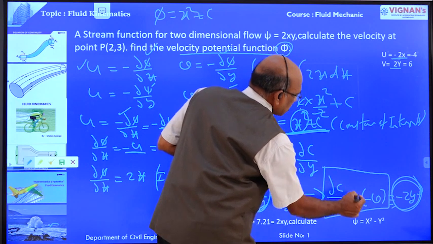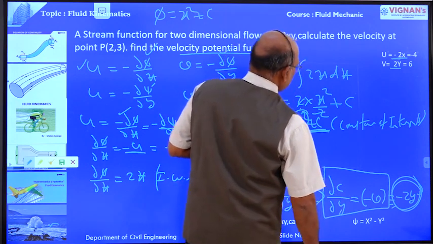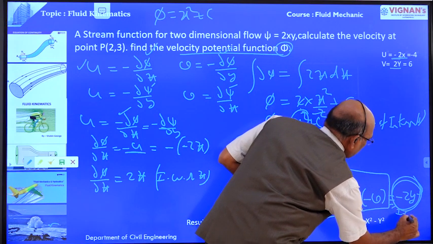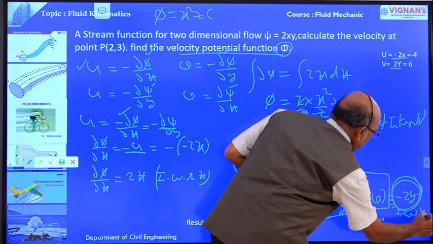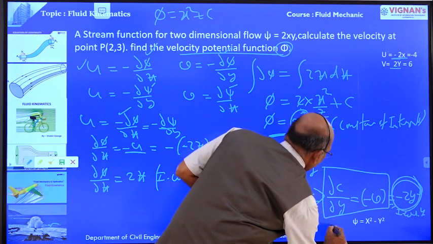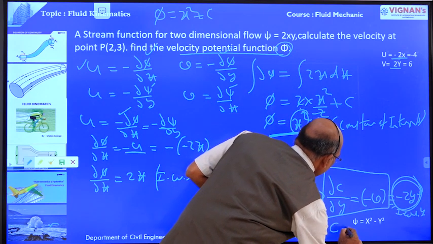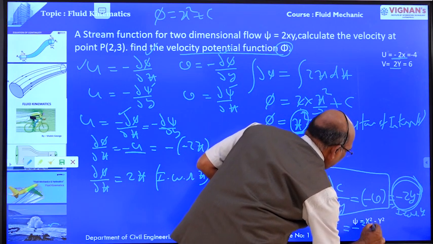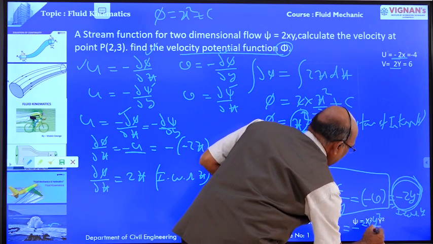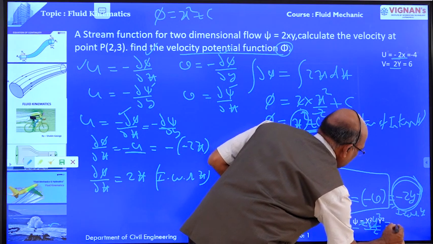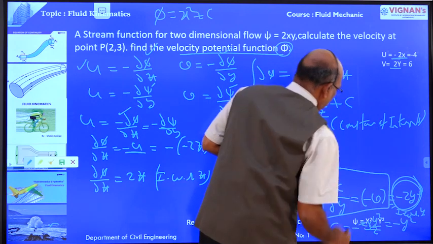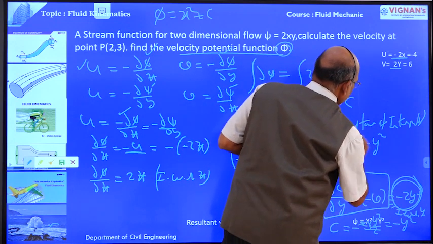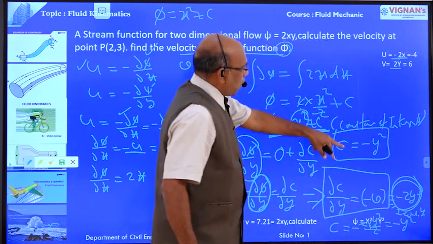Now this equation is integrated with respect to y. Therefore c is equal to minus 2 into y square by 2. 2 gets cancelled. This is equal to minus y square. Therefore c is equal to minus y square. The c value we have determined here.